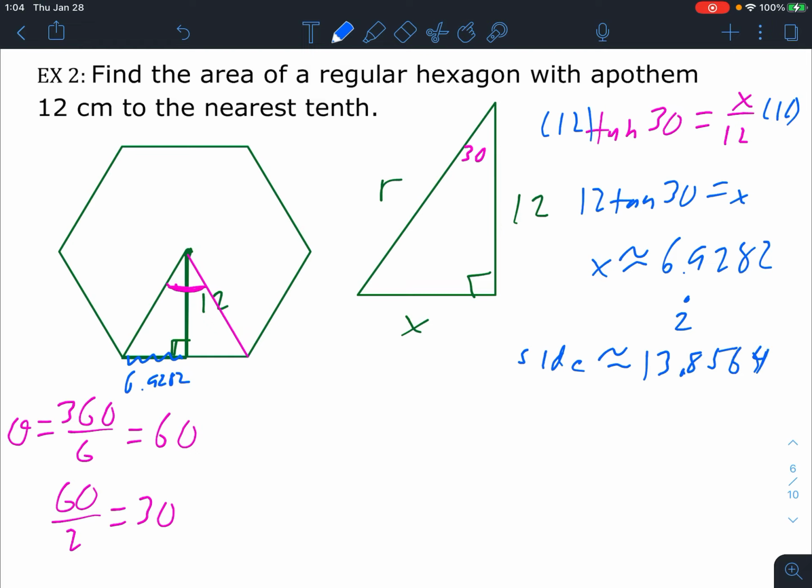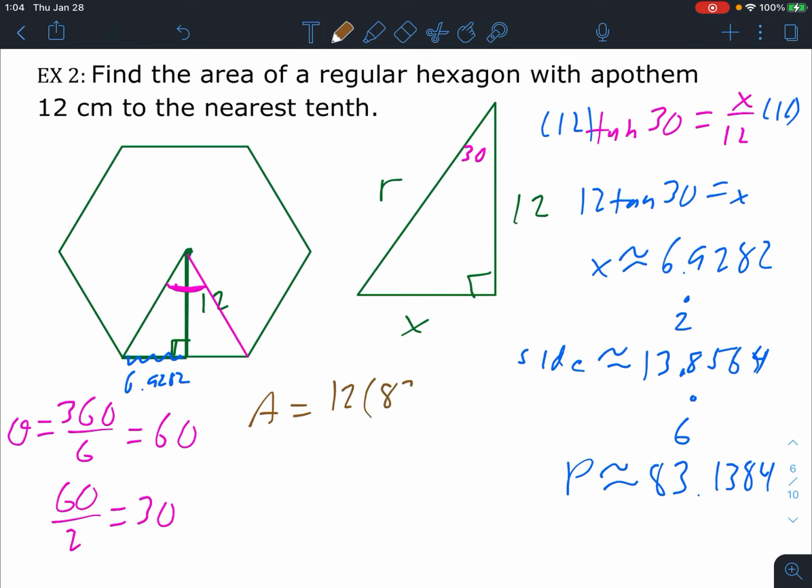And then we can multiply that number by how many sides we have, which is 6, and that will give us our perimeter. Our perimeter is 83.1384.